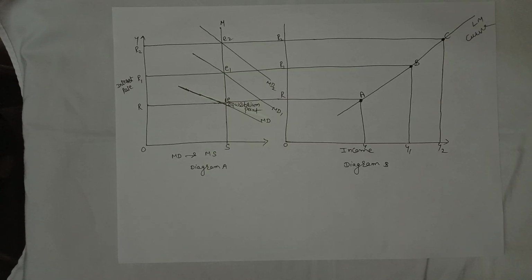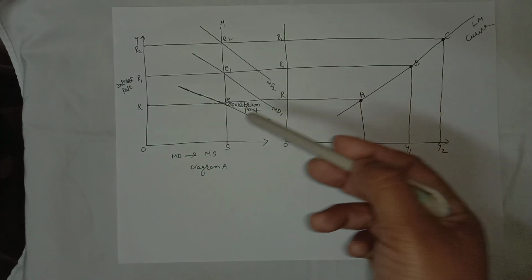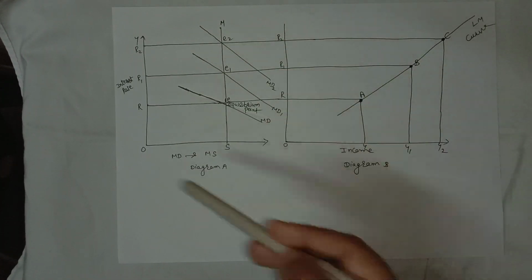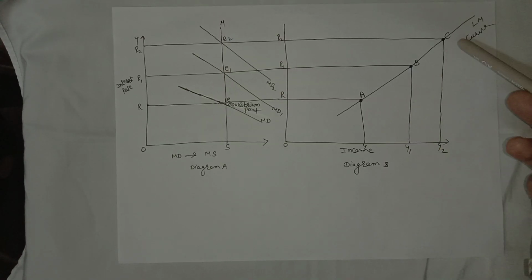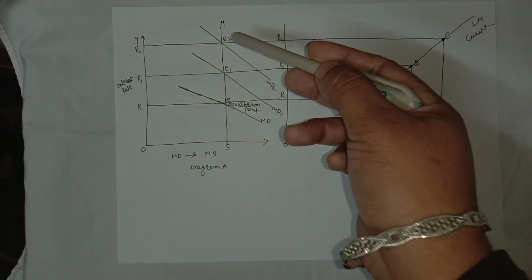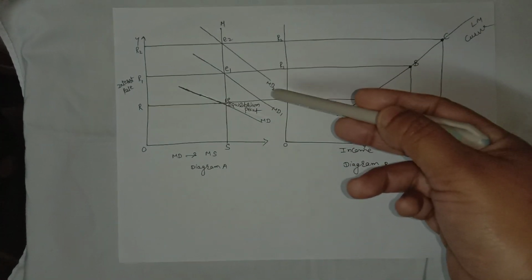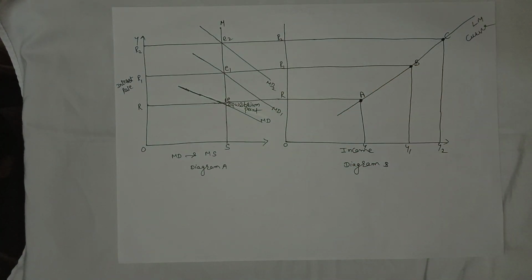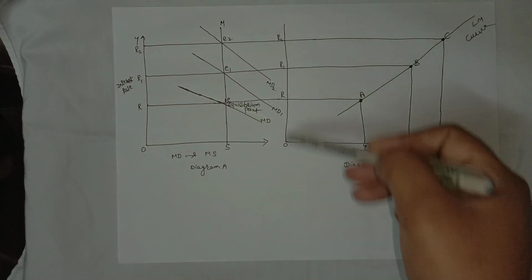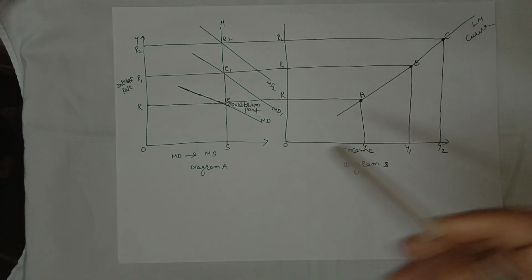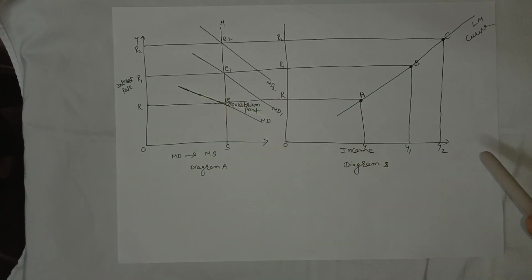Now we have equilibrium points E, E1, E2 here and A, B, C there. E, E1, E2 show money demand is equal to money supply, and A, B, C show equilibrium in the money market.